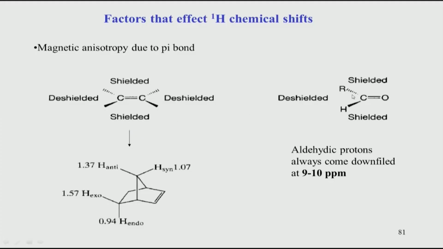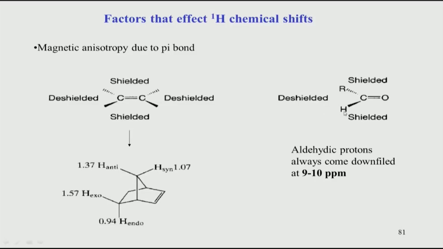Another very important functional group in chemistry is the carbonyl group, found in aldehydes and ketones. In those systems, the carbonyl, C double bond O, is a very anisotropic moiety, and if you have any hydrogen coming on this side it is in the shielded region, whereas this side is deshielded.